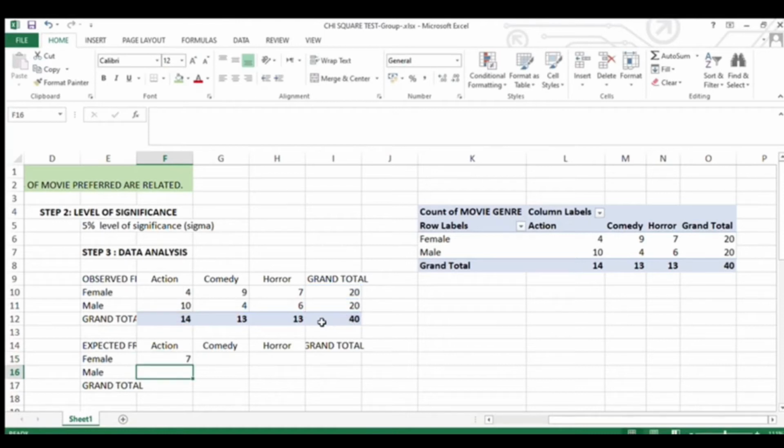So here I will calculate it manually, and you can see from what I show you here.